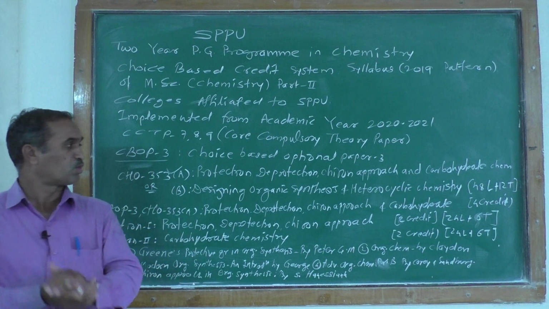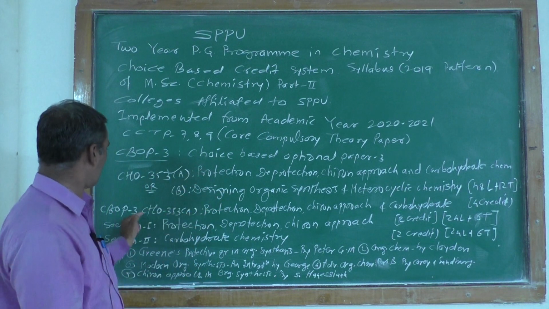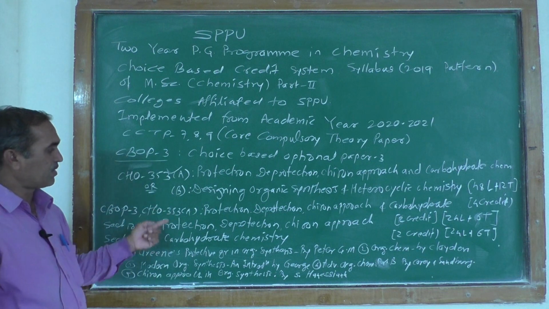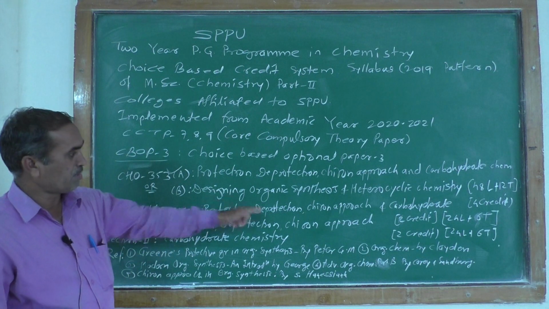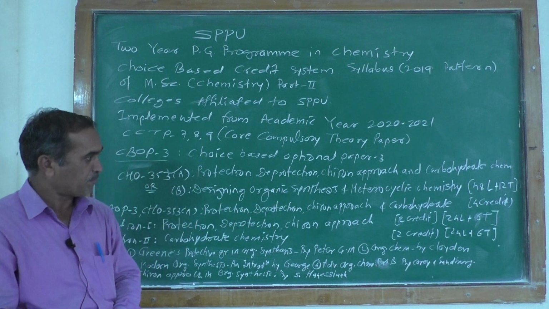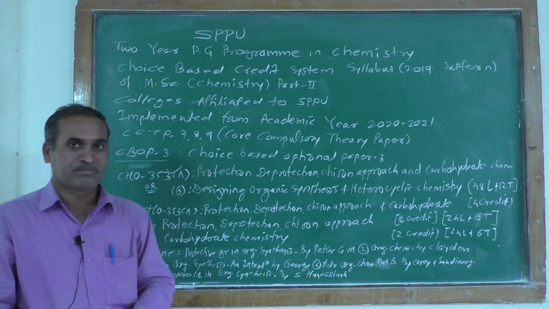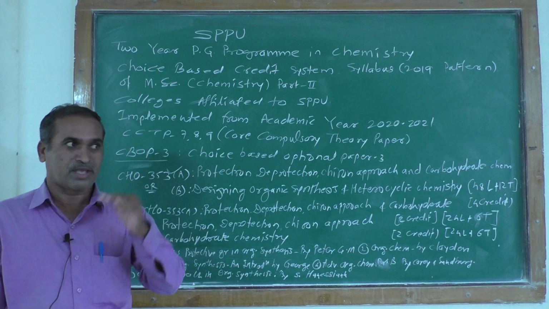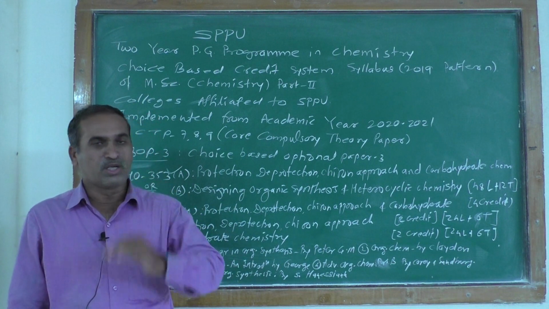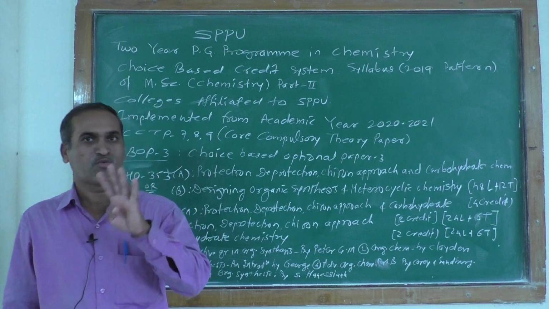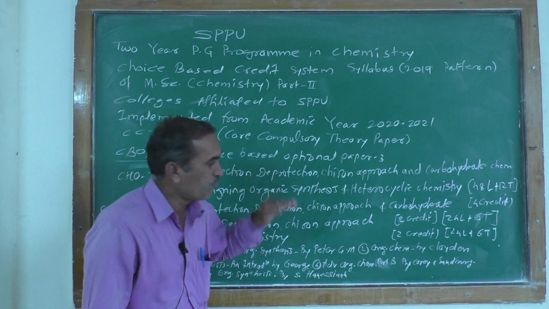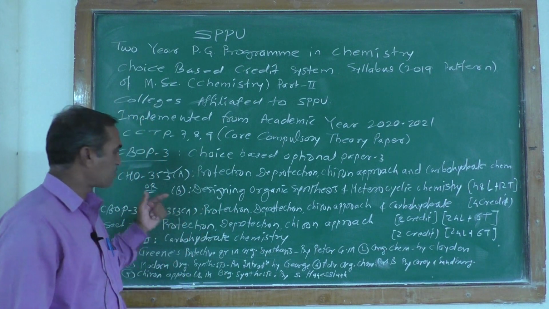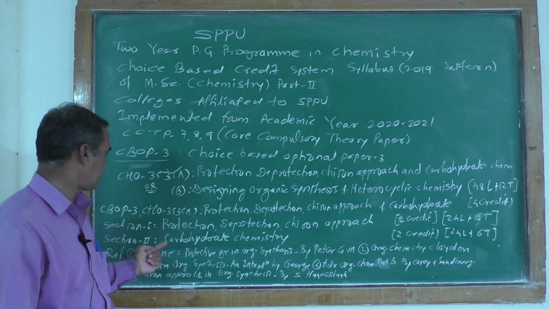Now this is the whole course. CBOP3 CHO 353A, protection, deprotection, chiron approach and carbohydrate, is for 4 credits, and every course consists of 4 credits and has 2 sections. Here this optional paper also has 2 sections.